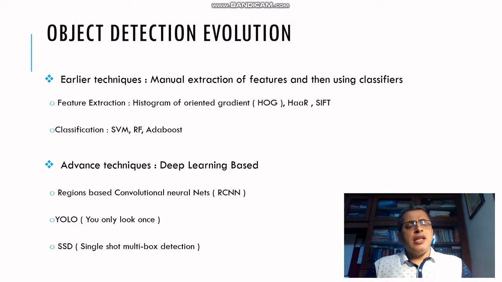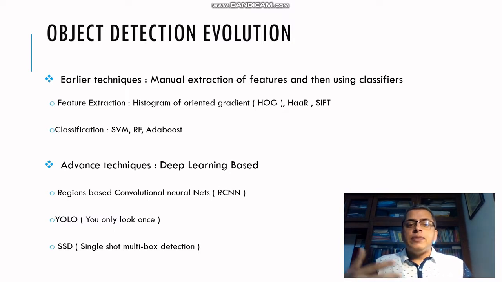These were some of the earlier techniques. But one of the major limitations of these methods was that they didn't scale up to real-time detection. If we had to do it for video, they were not scaling up properly, and therefore there was a need for advanced methods.